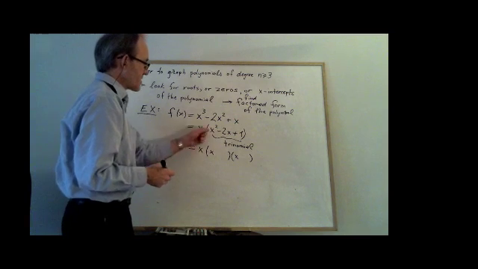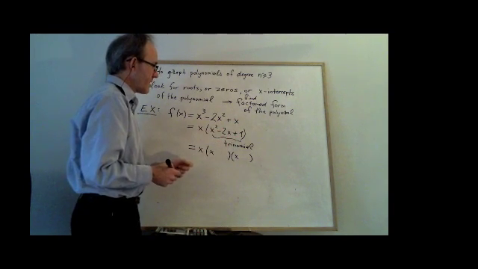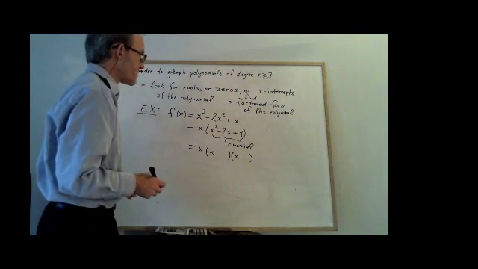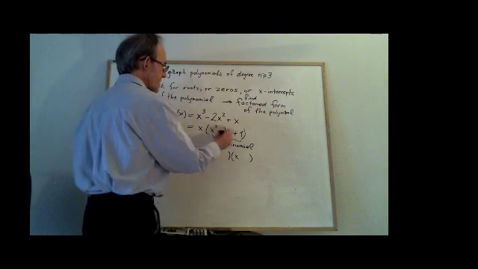Another way to do it is to complete the square. So you can always factor this by completing the square, and then factoring something which will be the difference of squares in that case.